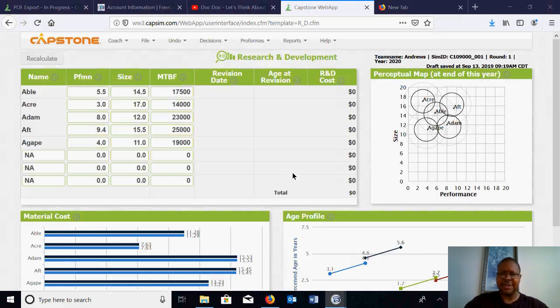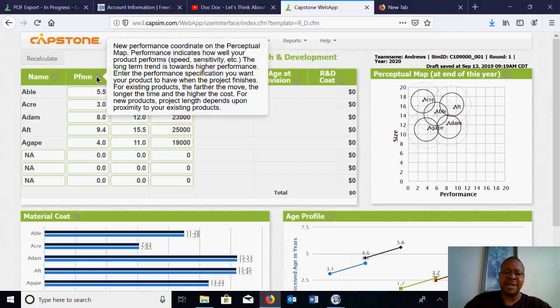The main thing about the Capstone video, just an overview of it, is that each of the 5 product segments or market segments has its performance as well as its size. If you click on the little scaffolding icon for performance, it describes the new performance coordinates on the perceptual map.